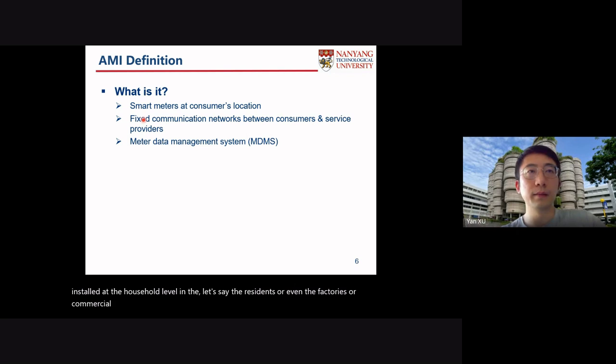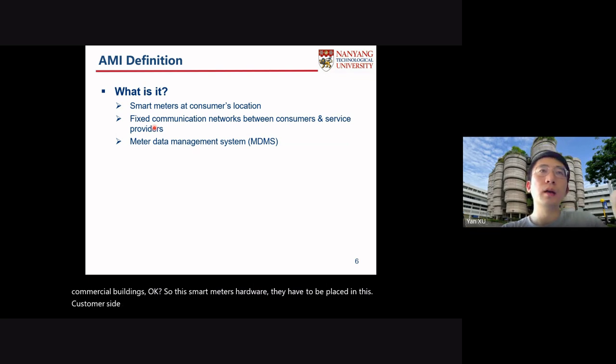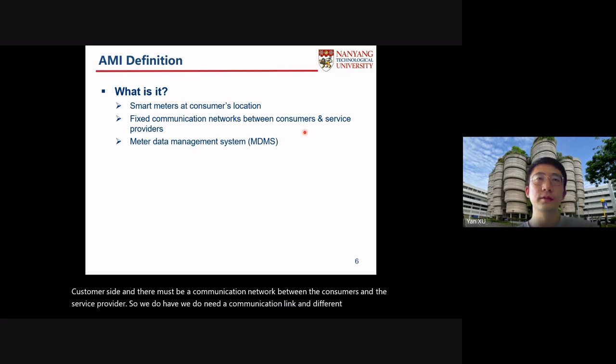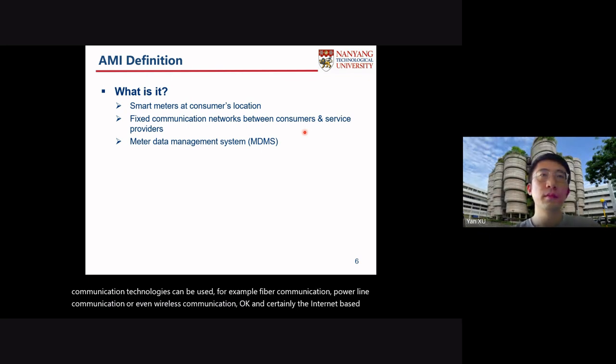So this smart meter hardware has to be placed at the customer site. And there must be a communication network between the consumers and the service provider. So we do need a communication link, and different communication technologies can be used. For example, fiber communication, power line communication, or even wireless communication. Okay? And certainly internet-based communication can also be used.